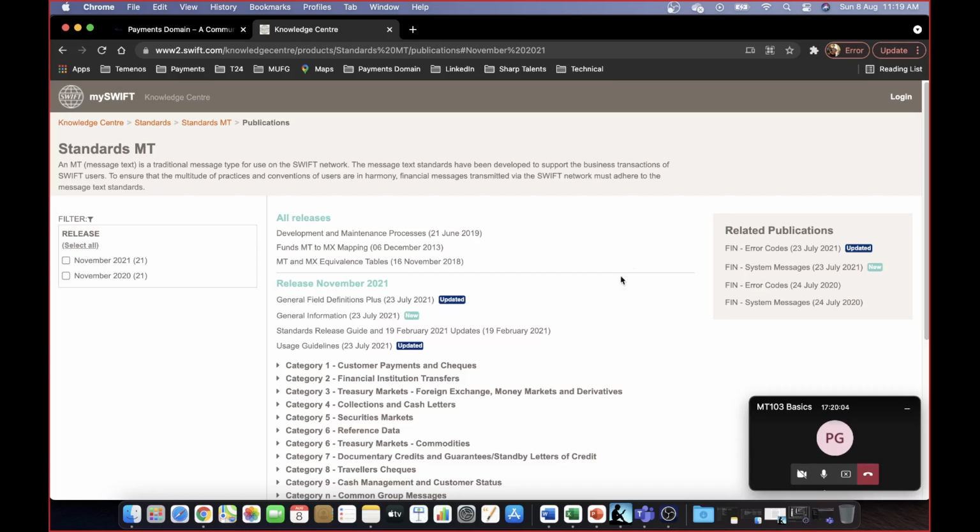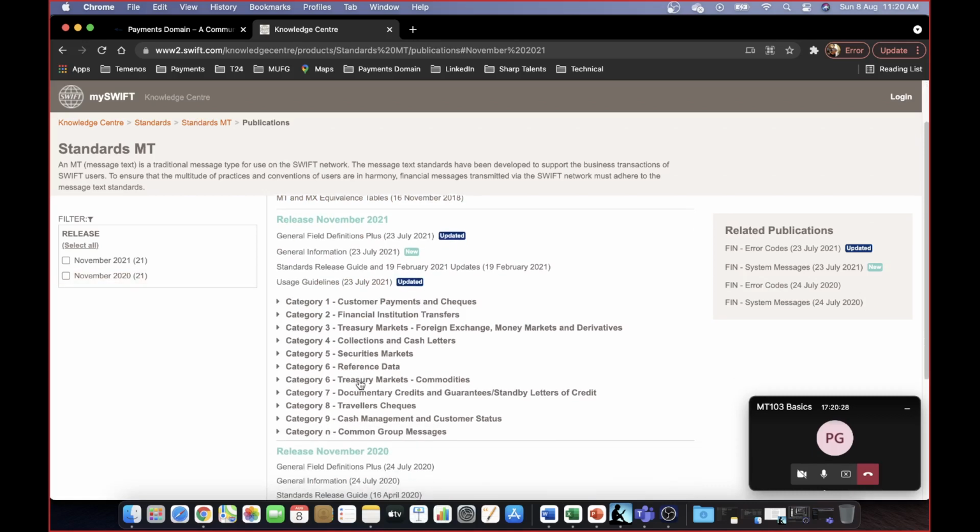By November of that year, that standard comes into effect. This is the latest standard for 2021. Since we have not reached November 2021 yet, we are currently using the 2020 standard. You can go to Swift MT standard, go to November 2020, and get that.